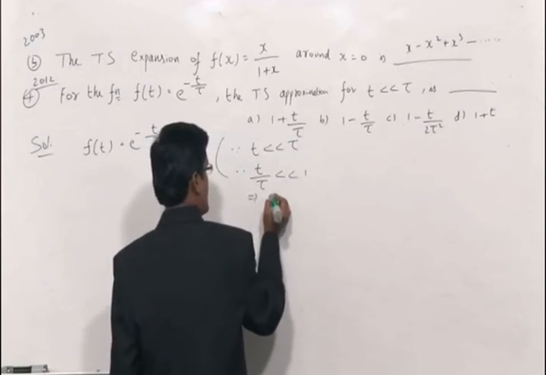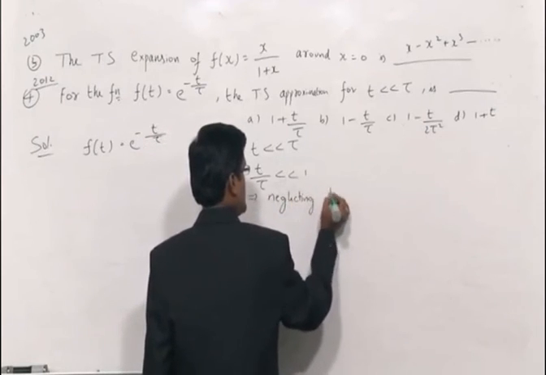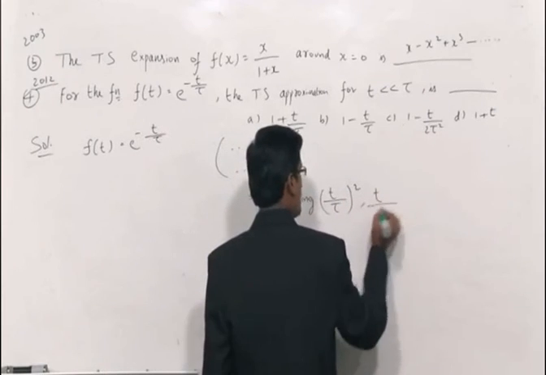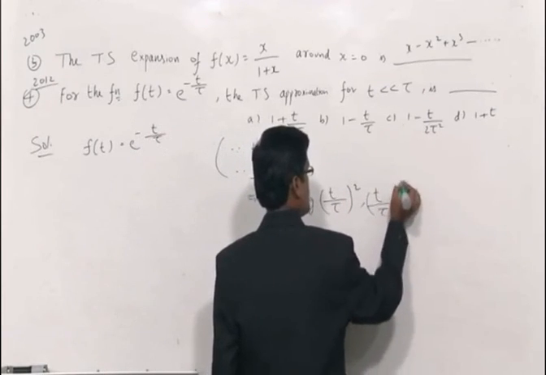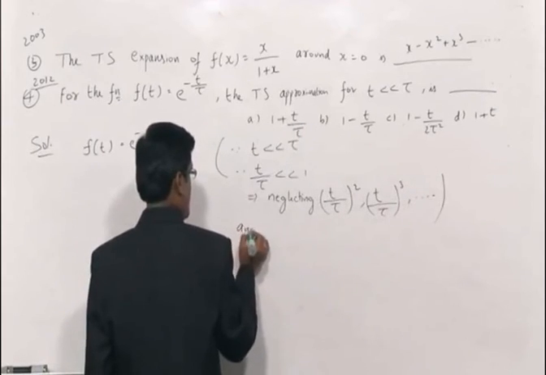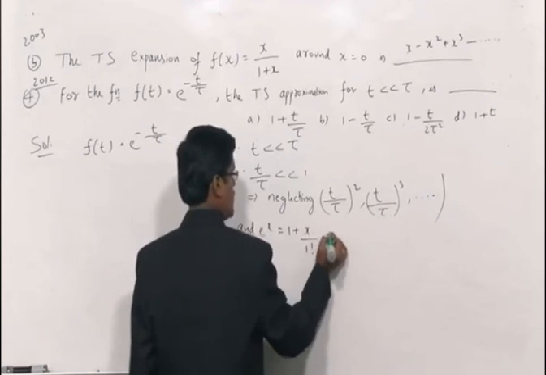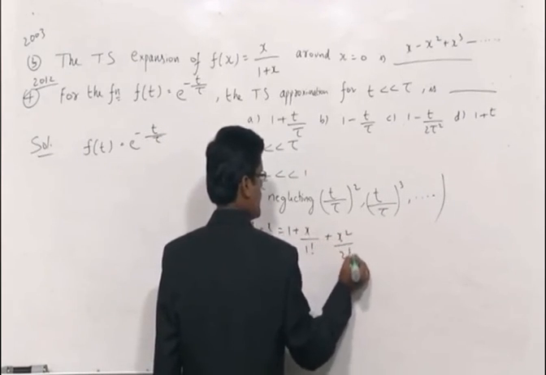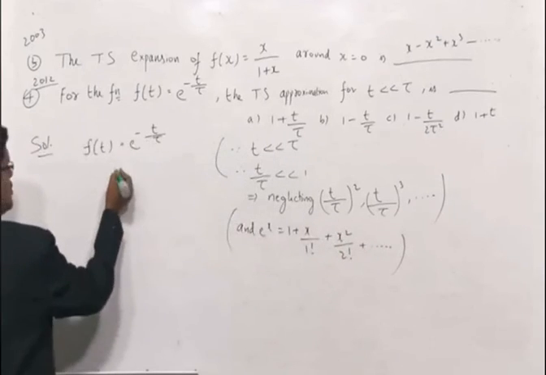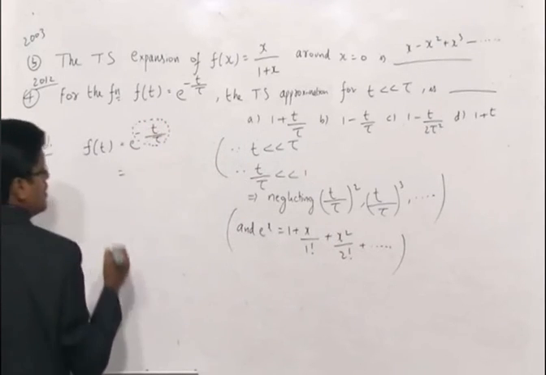That means, and this is the very important reason, we neglect the squares, cubes, etc., which are going to be approximately 0. And what is the e power x expansion? 1 plus x by 1 factorial plus x square by 2 factorial plus etc. With the help of these two, here x is nothing but minus t by tau.